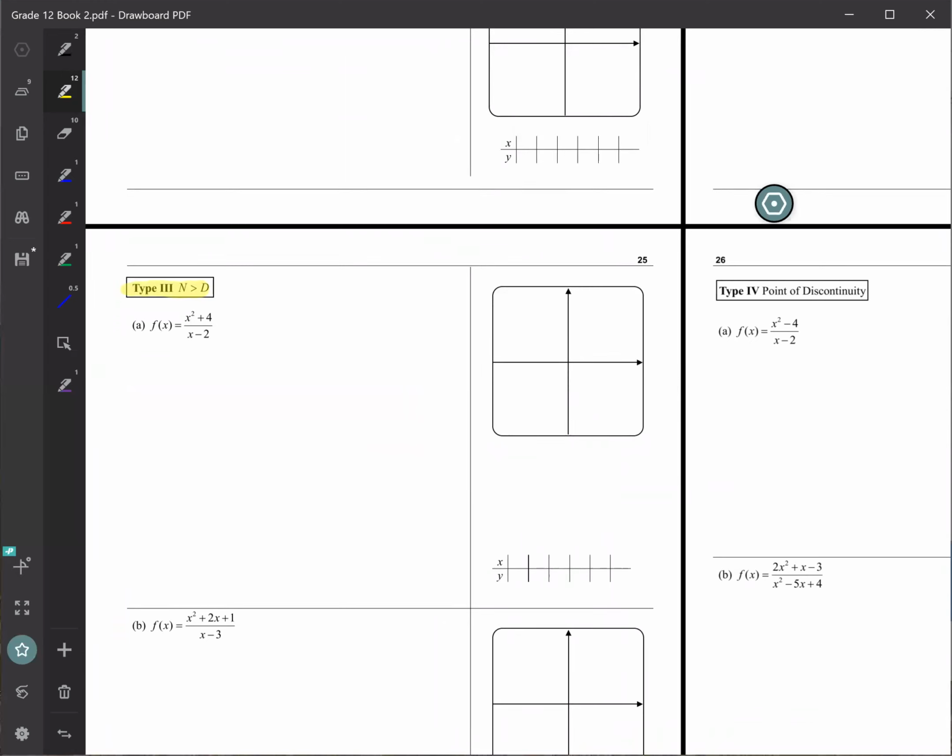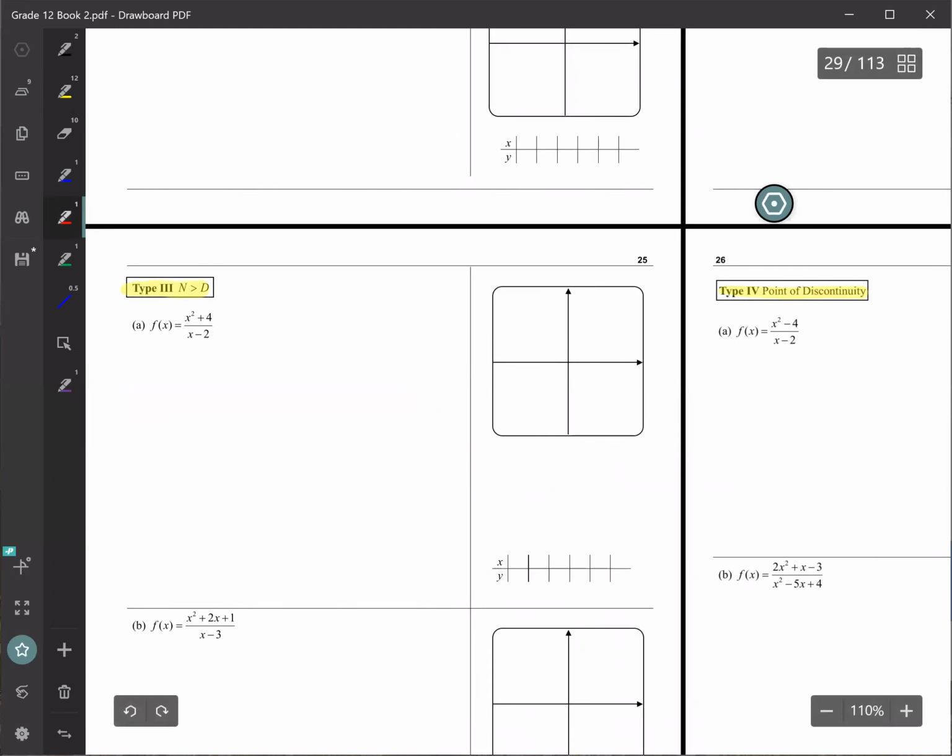But then type 4 is the one that could happen in either type 1, 2, or 3. Type 4 is talking about a graph that has a point of discontinuity, but this could happen in any of the 3 types.